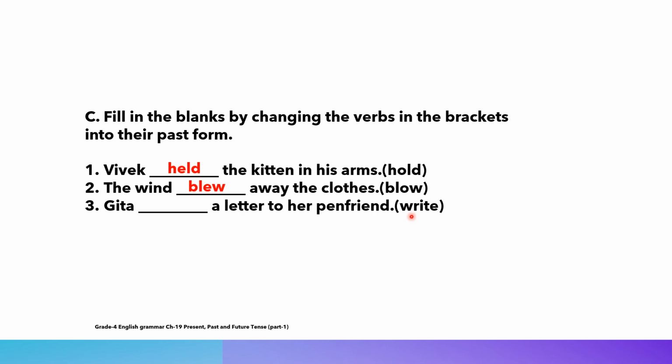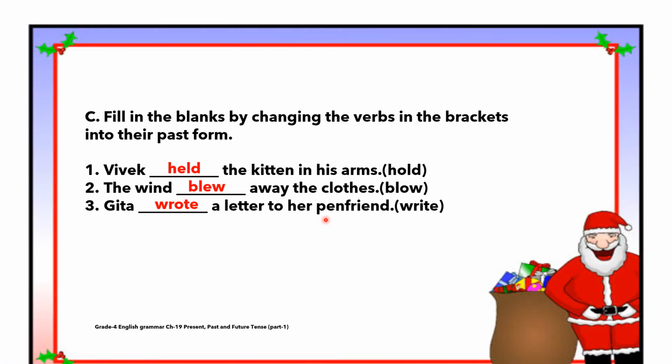So, its past form is wrote. Geeta wrote a letter to her pen friend. So, children, try to do this exercise. You now know that past tense shows the action which has already happened. Clear?